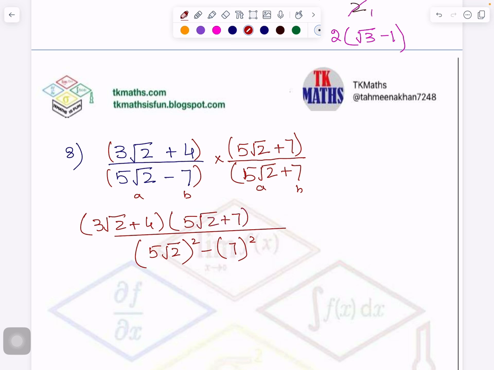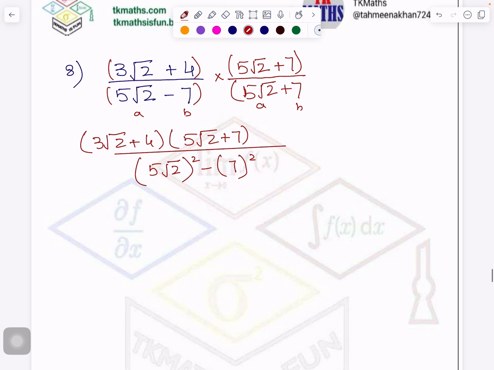Okay, so now denominator will become 5 square, because square will be applied on both. 5 square is 25 and root 2 square is 2. 7 square is 49. Now let's start multiplying this term by this and then by this.